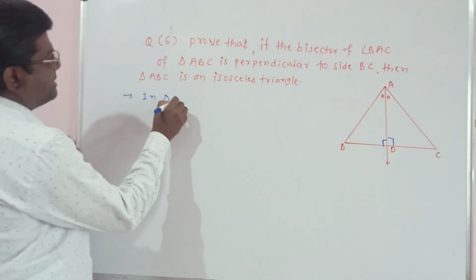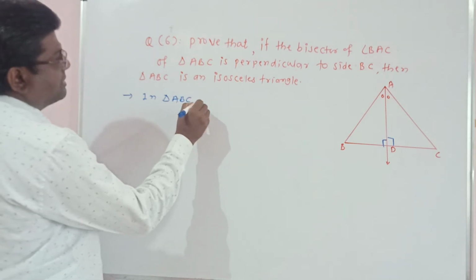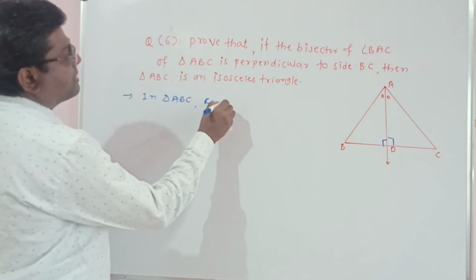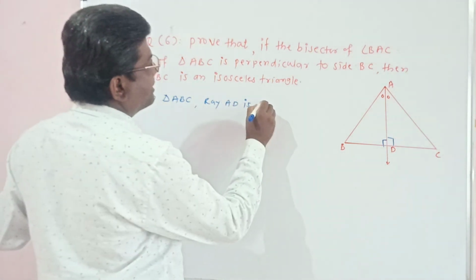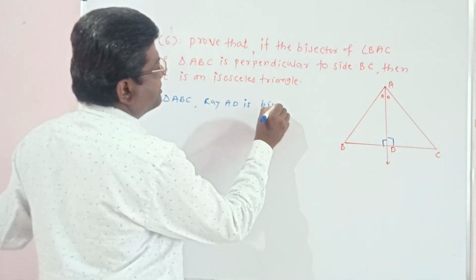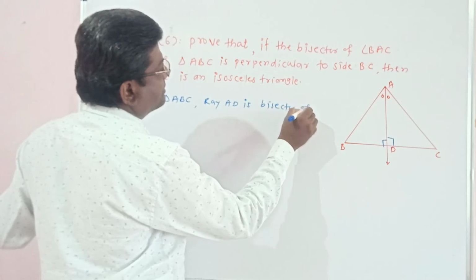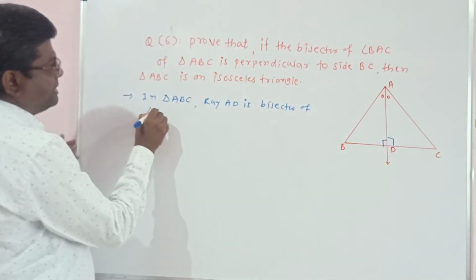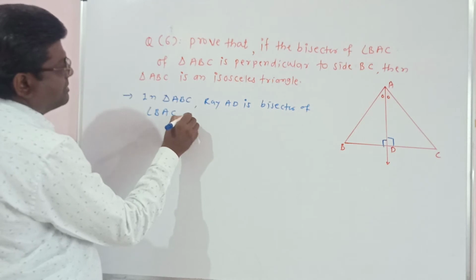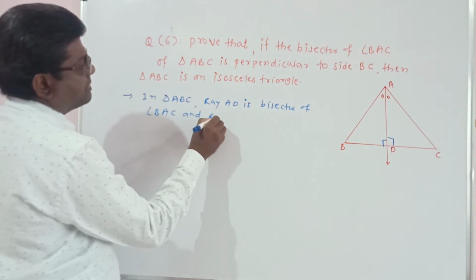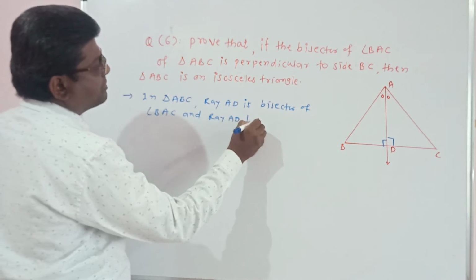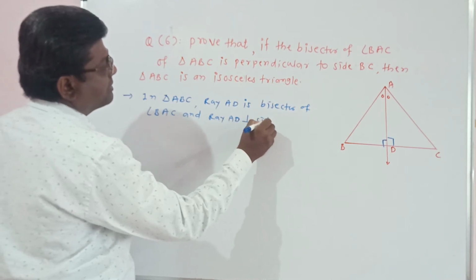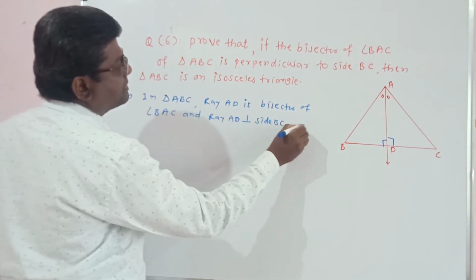Therefore, we write: in triangle ABC, ray AD is bisector of angle BAC and ray AD is perpendicular to side BC.